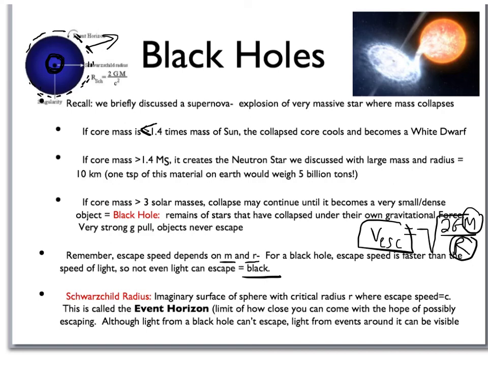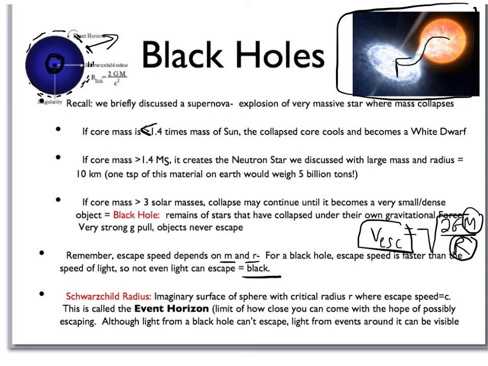Now, although light from the black hole itself cannot escape and therefore cannot be seen, light from events around the black hole actually can be visible. What you see in the other diagram that we have here is what they call an accretion disk. What's happening is a star is near this black hole, and the black hole's intense gravitational pull is actually pulling material off of the star and into the black hole.